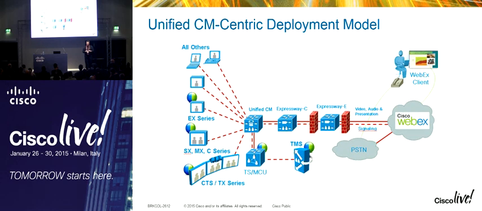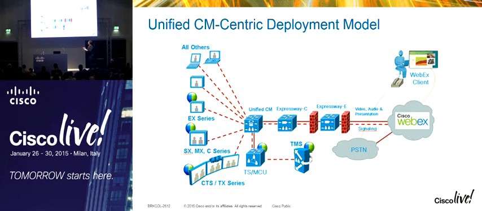Okay, let's see now the second model. It's the UCM-centric. The main difference here is that with this model, introduced with UCM 10.5, you can now register the bridge directly to the UCM. So the main benefit here is that you don't need to buy the VCS if you don't have it.